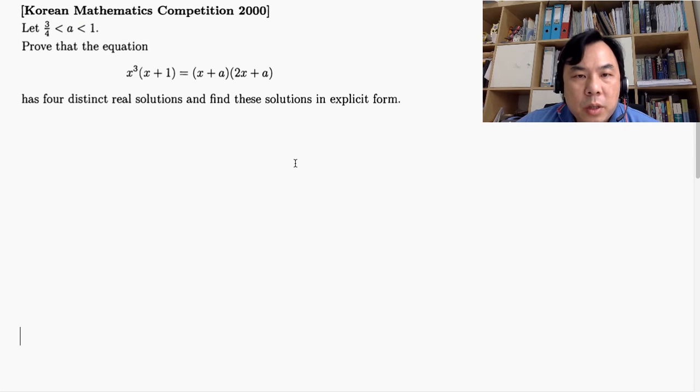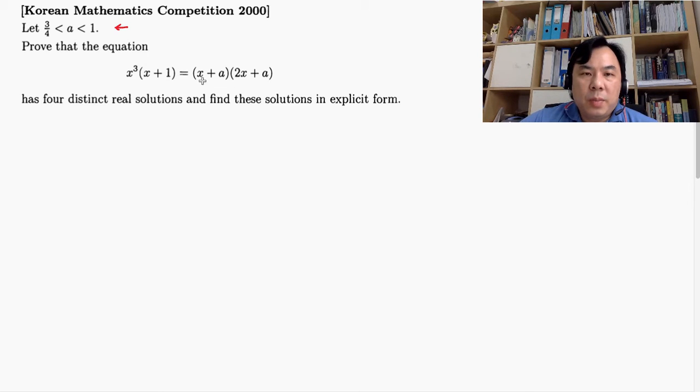Let's try to explore in detail how to work with this. This is the given condition for a. It must satisfy this restriction for the equation to have four distinct real solutions. Now there are many ways to work with this.